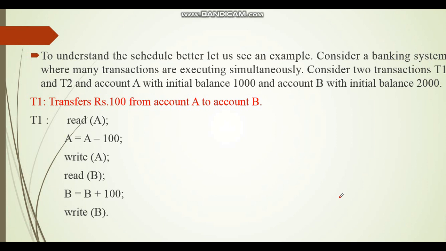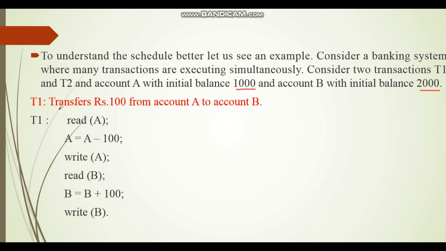Next, we can understand this better with an example. Consider two transactions T1 and T2, and account A with initial balance of 1000 and account B with initial balance of 2000. Basically, we are trying to understand the execution of the instructions of the transactions.